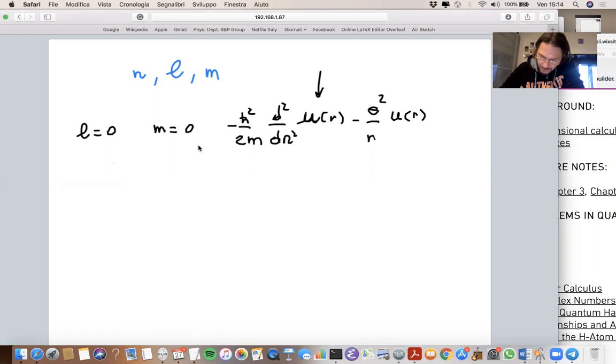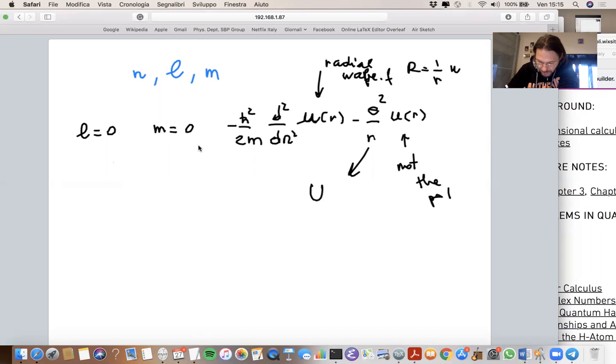This is the radial wave function. Remember, R is equal to 1 over r little u. It's a bad notation, but it's a historically used notation. This u is not the potential.